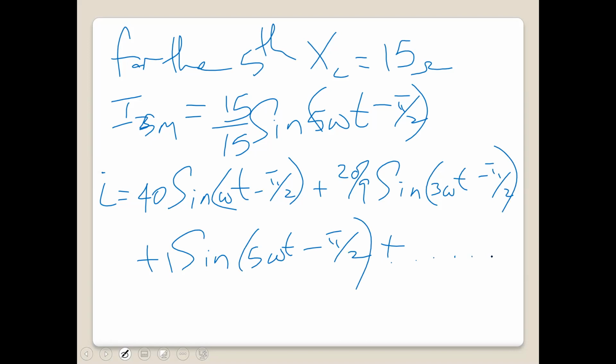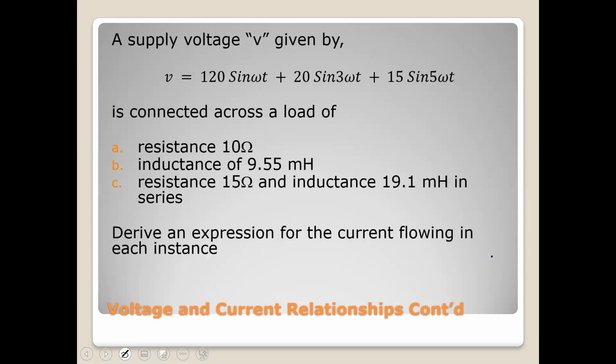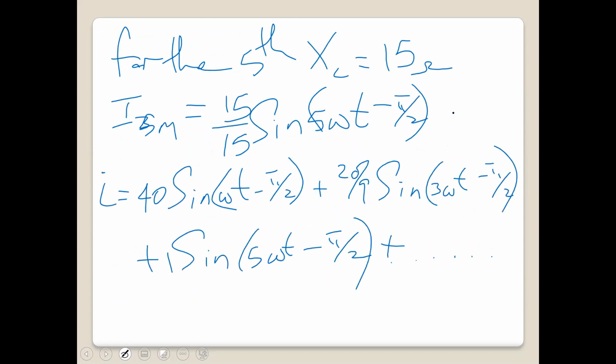Sir, how did you get the 15 for the fifth? Okay.